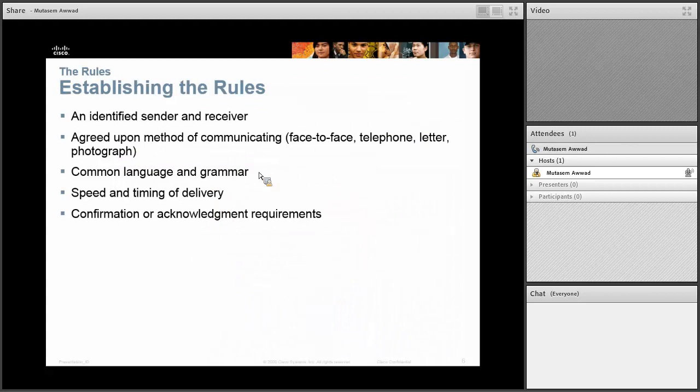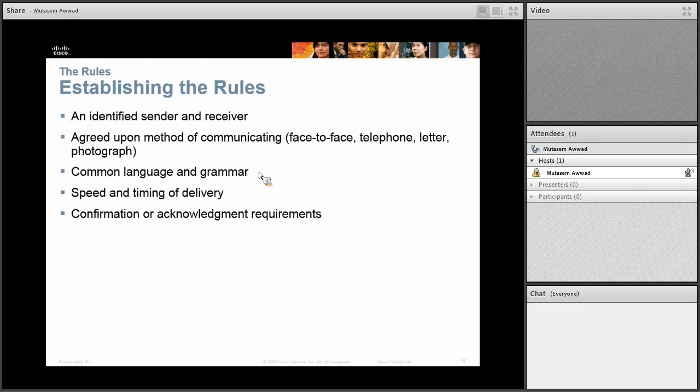There are some rules that you have to use, for example, the common language and grammar. With data communication, you have to have the same protocol. How do you encapsulate the data? Where do you place all the labels so that the other person on the other end, speaking the same language, knows where to read these labels that are on the packets?